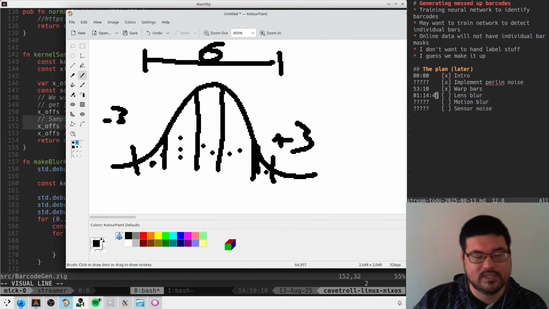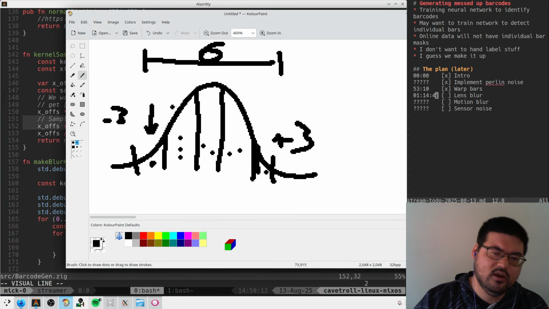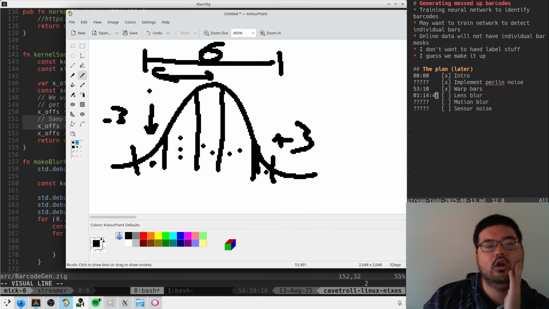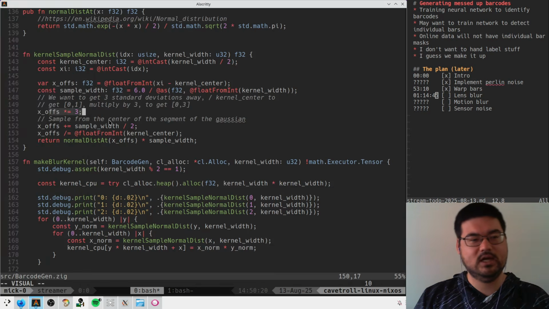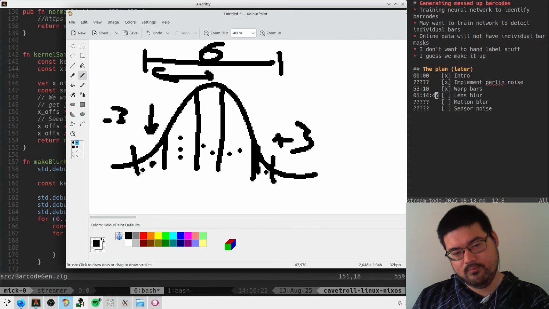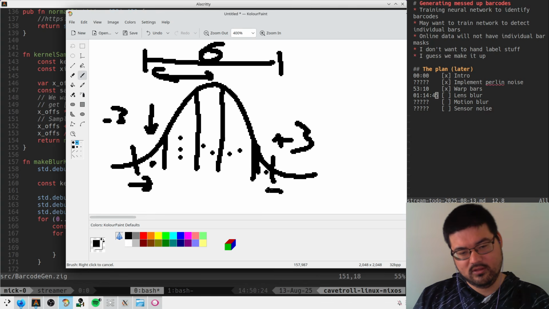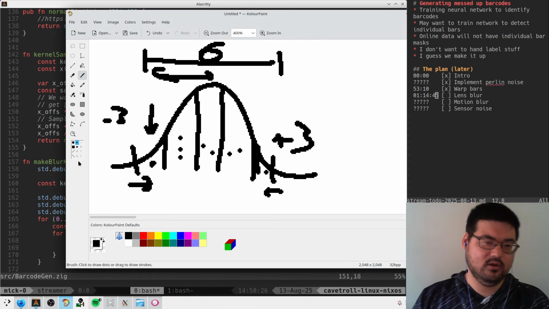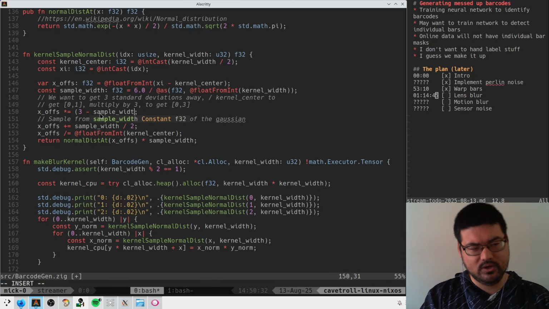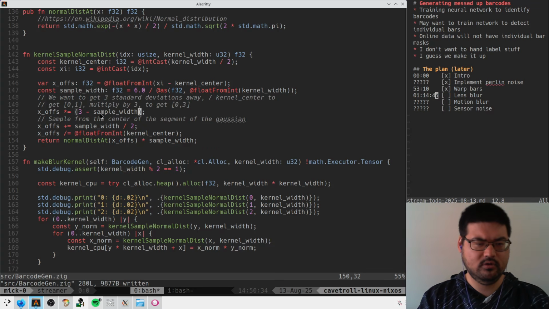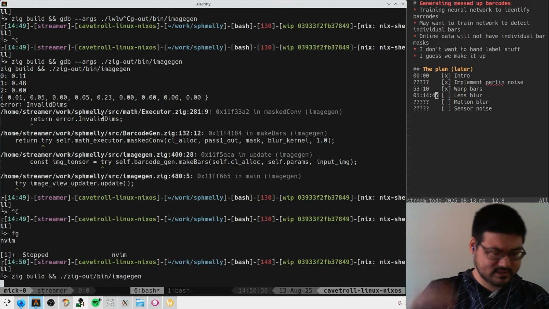So what is happening here? It's like we start here, and the distance from here to here is now no longer what we expect. So this is not supposed to be times 3. This is supposed to be times 3 minus this distance, probably. So minus 1 sample width. That makes more sense.